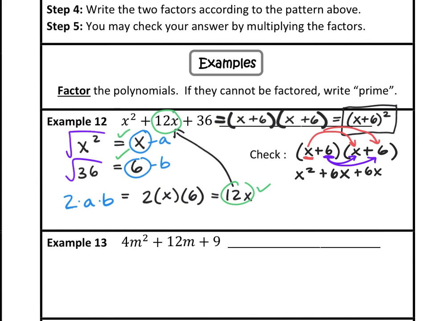And what's 6 times 6? It's 36. Okay. What happens here and here? What's 6x plus 6x? That's 12x. So my final answer is going to be x squared plus 12x plus 36. Does this match the original equation? Yes.